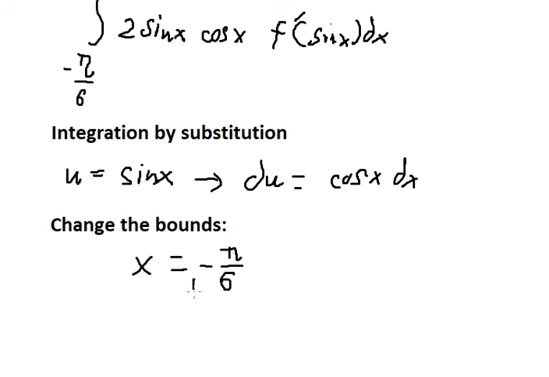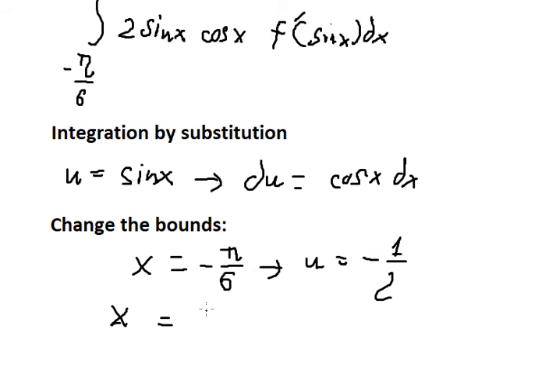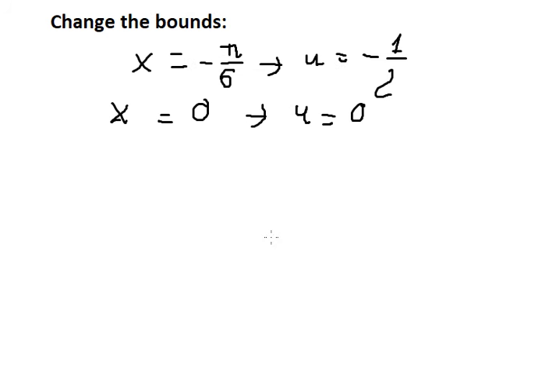If I put this value in here, we can find the value of u. And this one, u will be negative 1 over 2. When x equals 0, because we have the bound 0 in here, so 0 goes in here, and we got u equals 0.